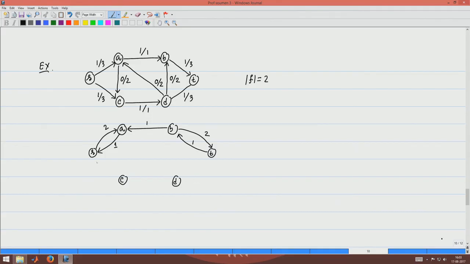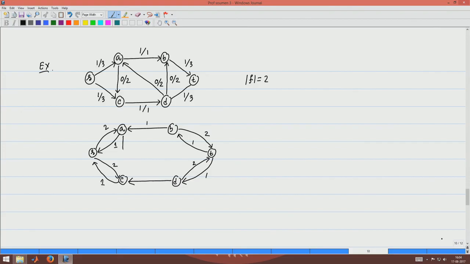S to C, there is a forward edge of capacity 2 and a backward edge of capacity 1. C to D there is no forward edge, there is a backward edge. D to T there is a forward edge 2 and there is a backward edge of capacity 1.